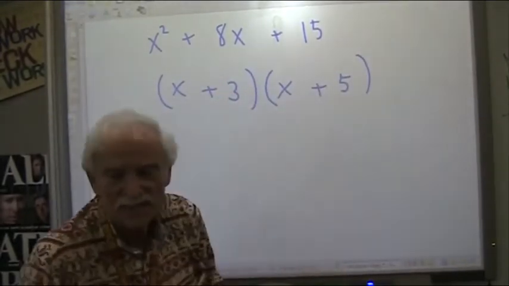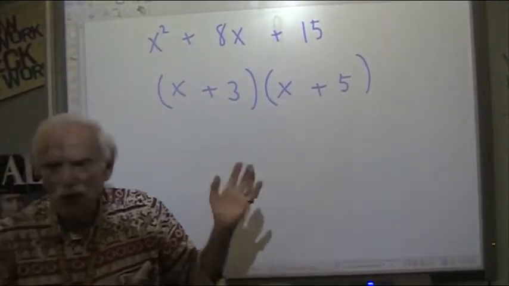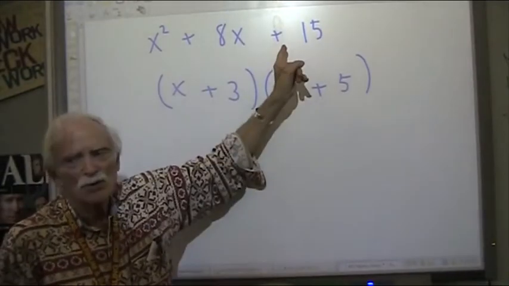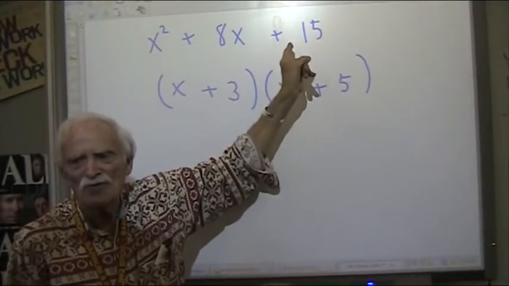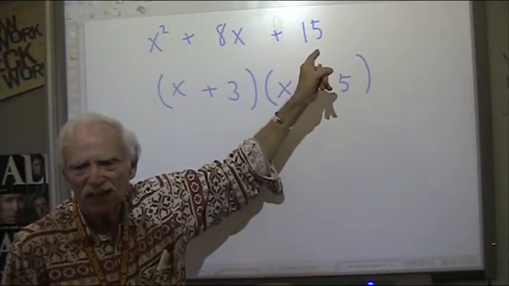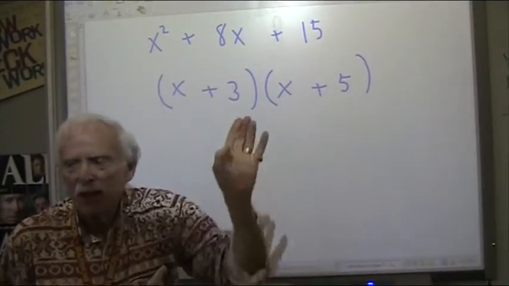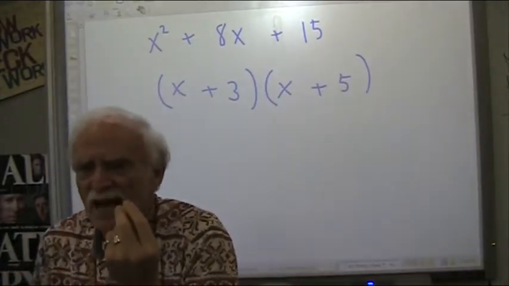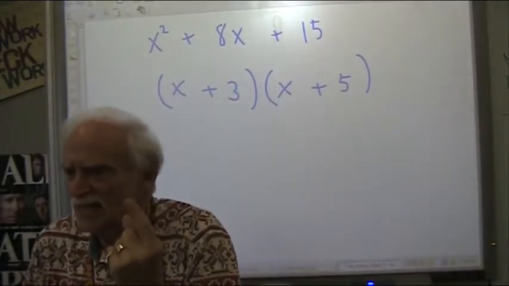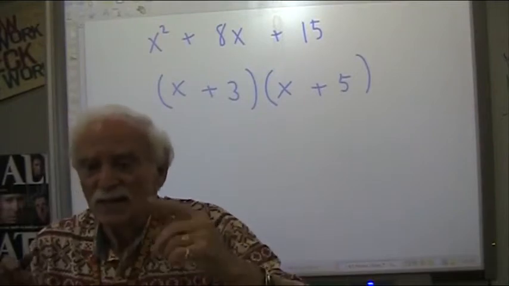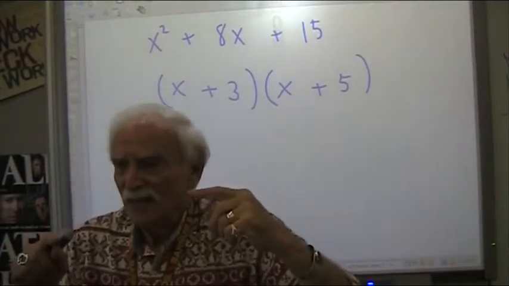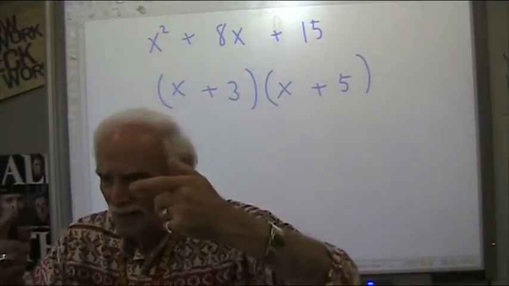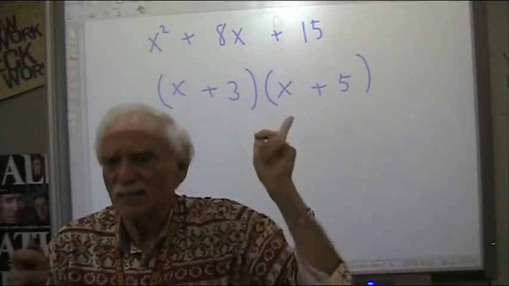Since I was looking for factors of plus 15 that added to plus 8, I know that if I've got a plus 15 here, the signs of the two factors have to be both plus, since a plus times a plus is a plus.